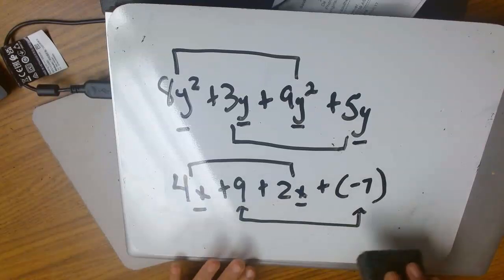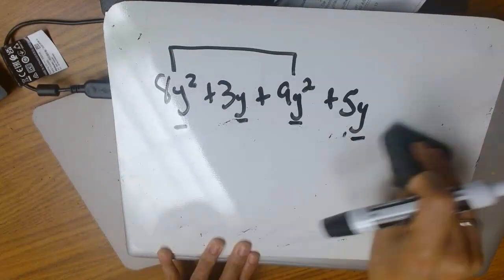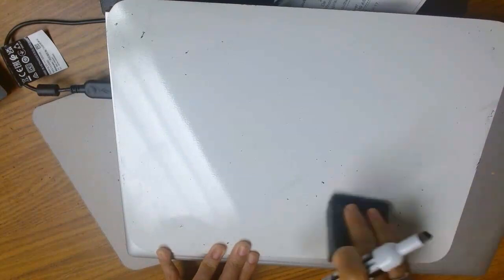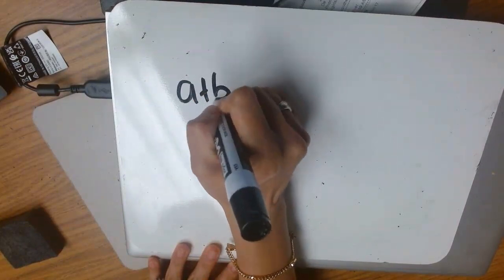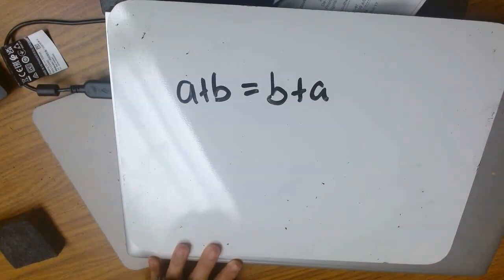When we also talk about this lesson, you're going to see a couple of definitions that we had covered previously in a few chapters before. It's the commutative property of addition and the associative property of addition. In summary, the commutative property of addition means the following: a plus b equals b plus a.